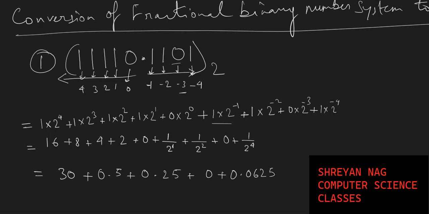So 30 plus 0.5 plus 0.25 plus 0 plus 0.0625. So basically the answer will be 30.8125 base 10. So basically you are converting a fractional binary number system to a decimal number system.